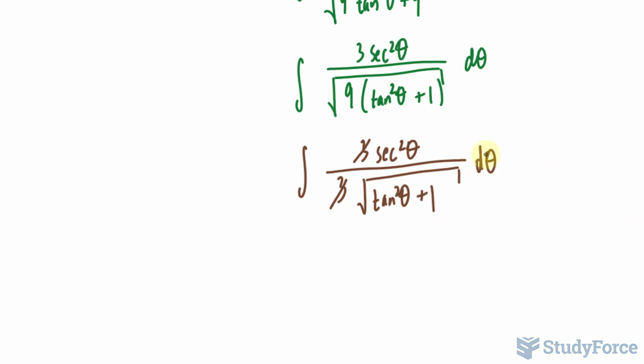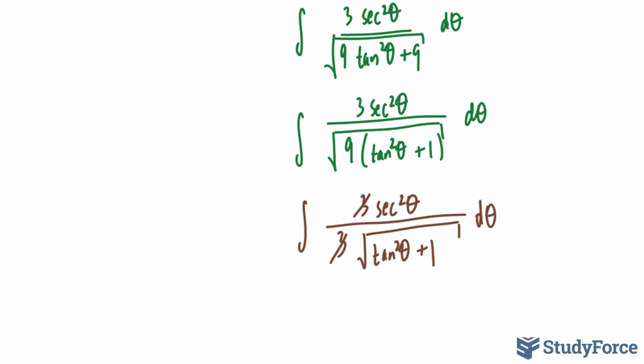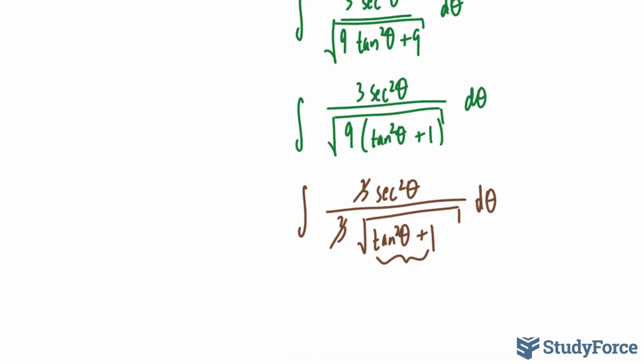Now, if you recall, in the original table, there was an identity that goes along with using this substitution, and that identity was 1 plus tangent squared theta is equal to secant squared theta. So what we had underneath the radical can be switched with secant squared theta. And if we switch this with secant squared theta, square rooting a square gets rid of the square root.